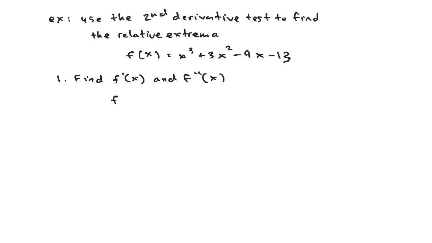So f prime of x is equal to 3x squared plus 6x minus 9, and f double prime of x is equal to 6x plus 6.